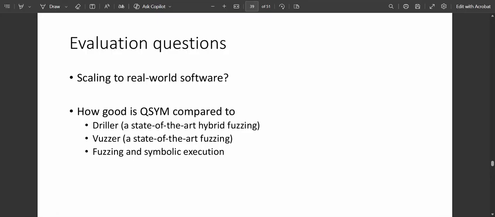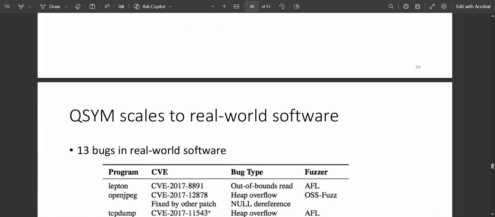And how does QSYM compare to Driller, Vuzzer, and fuzzing? Comparing all these things, QSYM has the best results currently in the market.